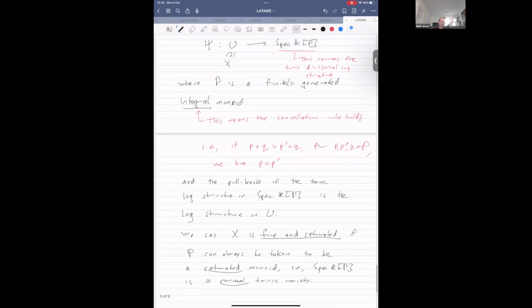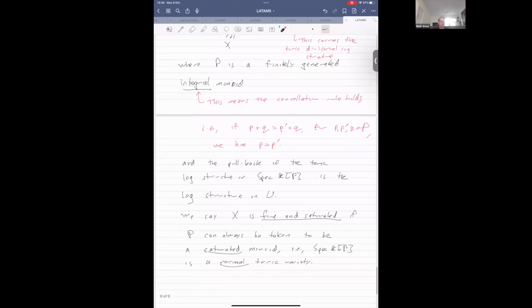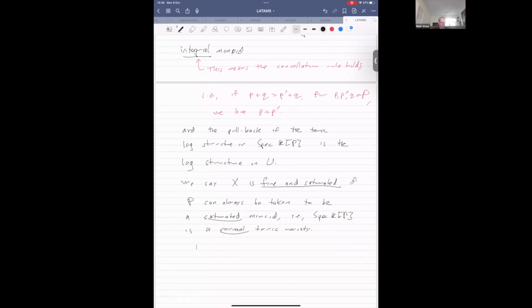So I think all the toric varieties we discussed so far in the lectures were normal. We always got monoids from this construction. You start with a rational polyhedral cone, you take the dual cone. That's always a saturated monoid, always giving a normal toric variety. But sometimes people like to think about non-normal toric varieties, where P might be something like, let me do a quick example, P equals {0, 2, 3, 4, and so on} inside N, not a saturated monoid.